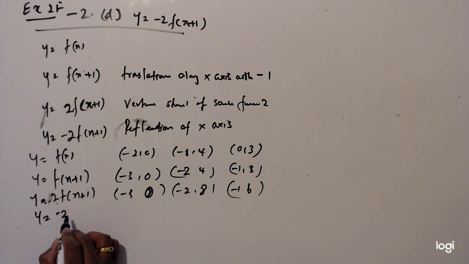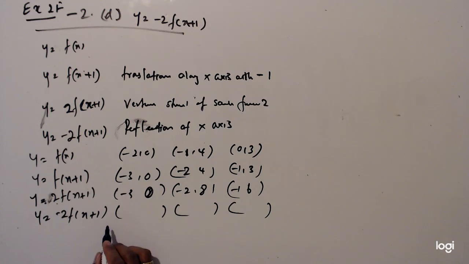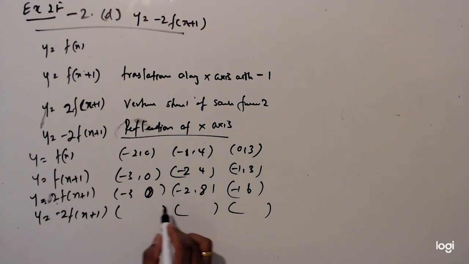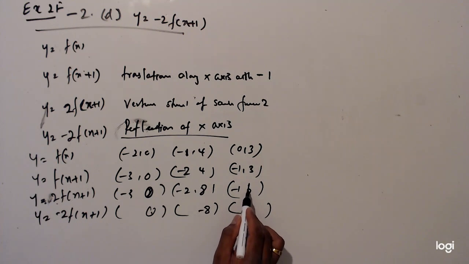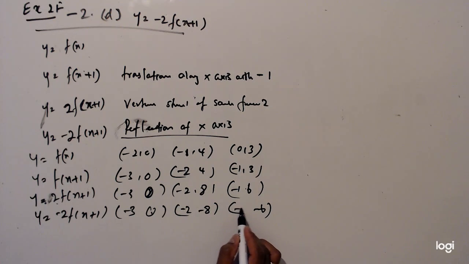Then y equals minus f(x plus 1). This is a reflection in the x-axis, so it is affecting the y value. 0 is as it is, positive becomes negative, negative becomes positive: 8 is minus 8, and 6 becomes minus 6, and the x values stay as they are.